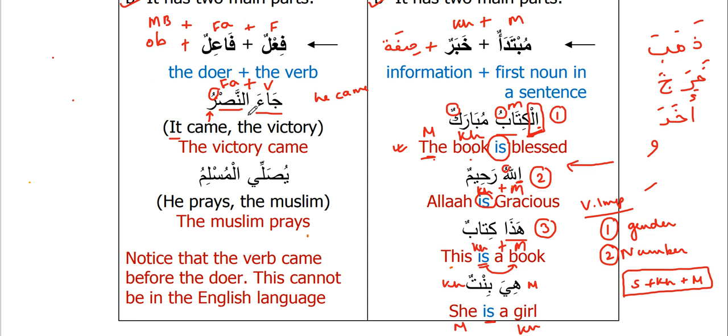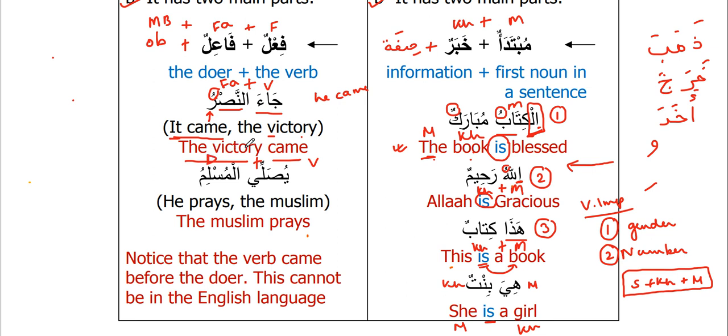What is the translation? Ja'a, in English you will write it as: it came, the victory. But the English translation should not be like this. The proper translation is: the victory came. In English, the verb comes after the doer, the fa'il. So you just have to flip the sentence.